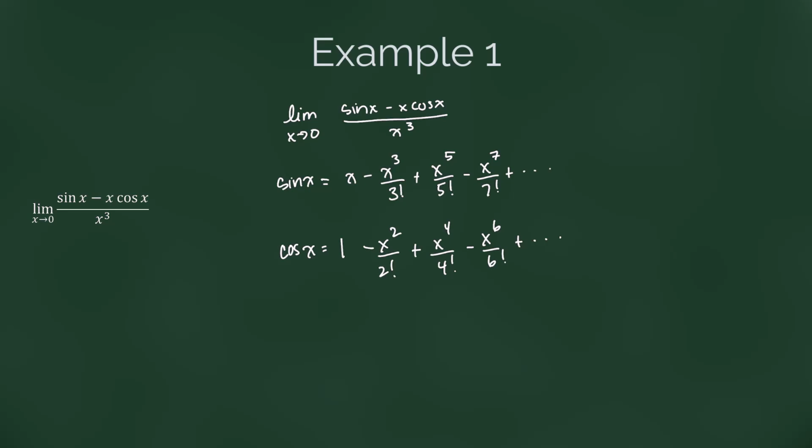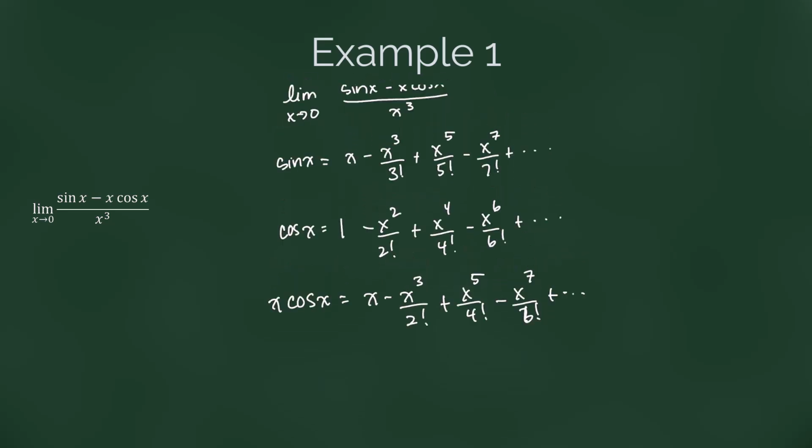When we multiply cosine of x by x, we get x minus x cubed over 2 factorial plus x to the fifth over 4 factorial minus x to the seventh over 6 factorial, and so on.